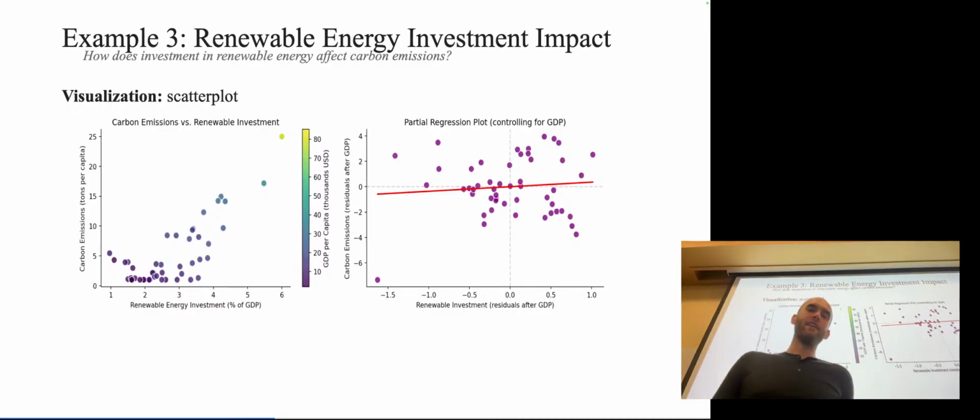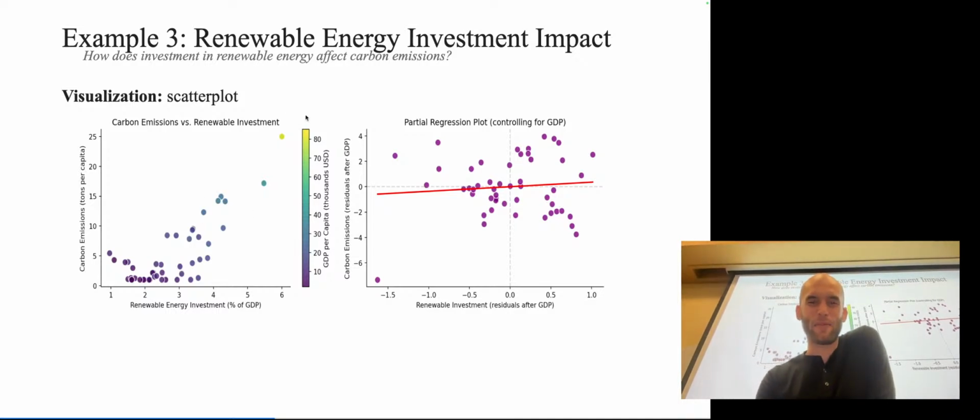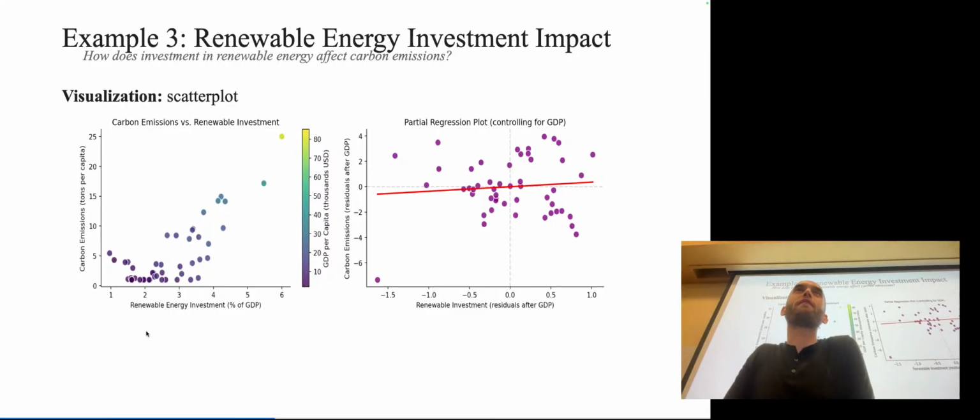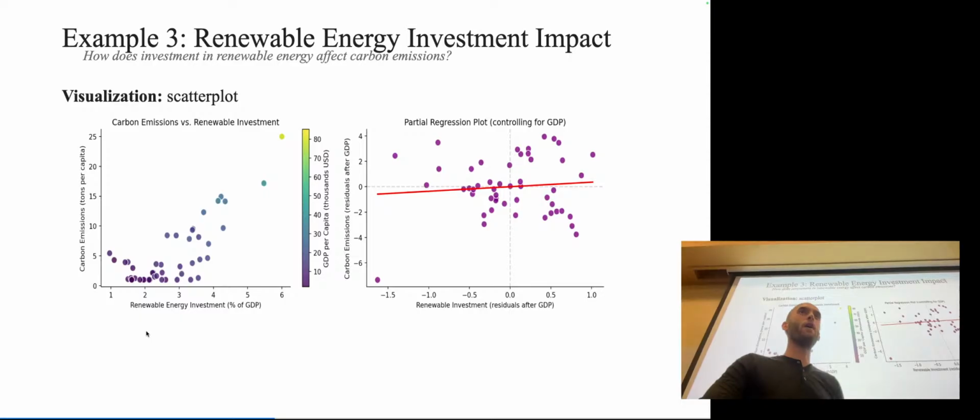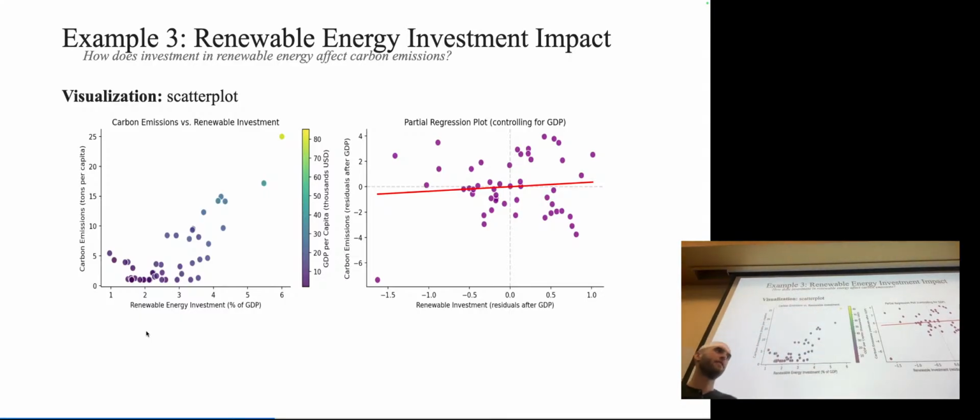And you can see there's, behind the scenes, this positive relationship between the wealth of the country and both renewable energy investment and carbon emissions per capita. So wealthier countries invest more per capita in renewable energy. But wealthy countries also burn more carbon dioxide. It's like if you have more money per capita, you're just going to burn more per capita.